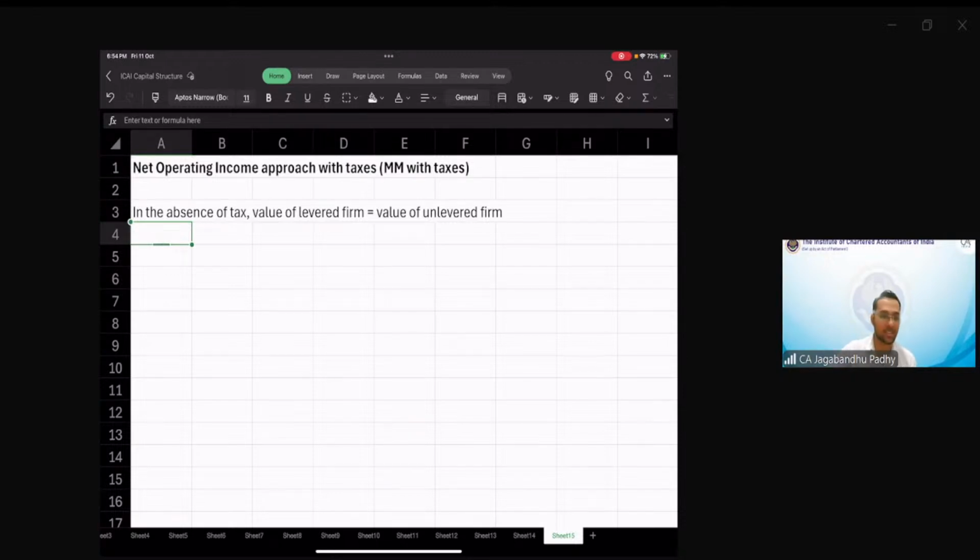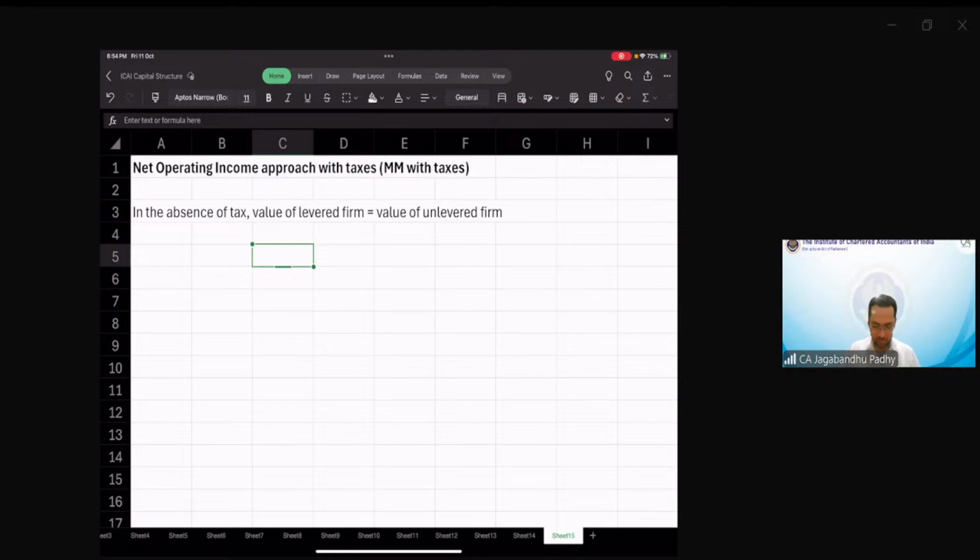But when we have taxes, there is some change which is happening due to taxation. Now, levered or unlevered, which of the companies pays interest? A levered firm is a company which has taken debt. An unlevered firm is a company which has not taken any debt.